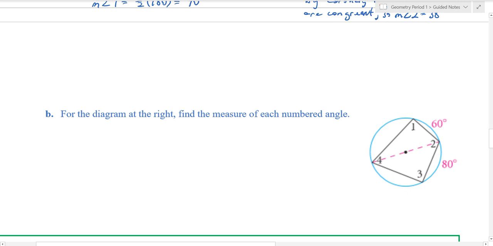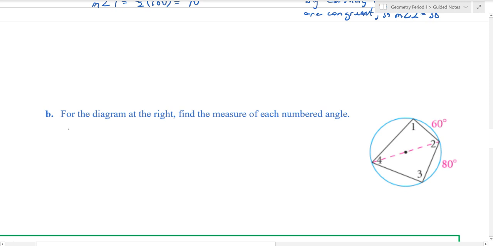Angle 1 is intercepting this semicircle, and angle 3 is intercepting the other half of the circle, or the other semicircle right here. So that means that each of these is half of 180 degrees.